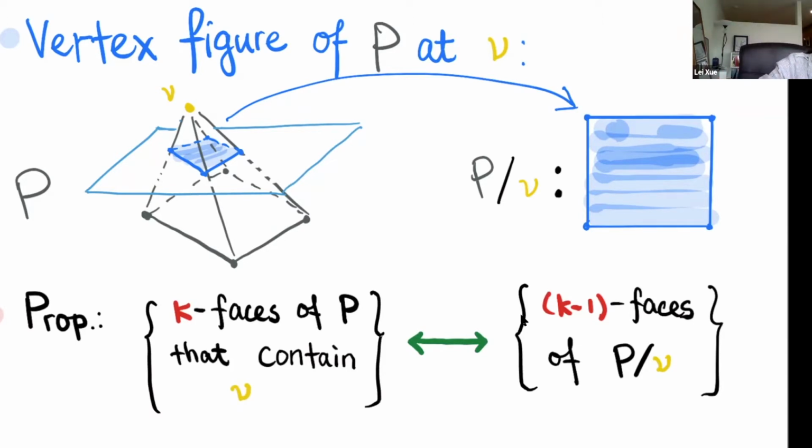Say, for example, if you look at this edge that contains V in the original polytope, and just look at the intersection between the edge and that hyperplane you use to cut it, that would be this vertex, and it's going to correspond to, for example, this vertex in the vertex figure. And it's true for every k. We're going to use this nice property later in our proof.